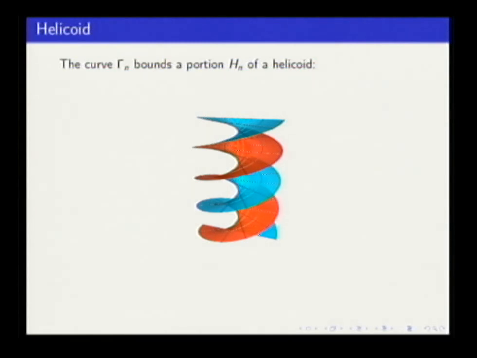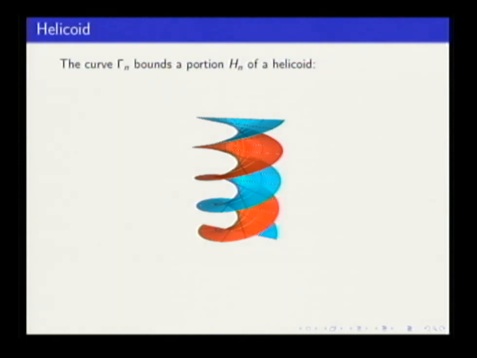Well, notice one disk it bounds is a portion of the helicoid. And in fact, that's how this curve was chosen. I just took a helicoid and shrunk it down, intersected with a solid ball. That's that surface there, and the boundary is this curve. So we know one minimal embedded disk that it bounds, the helicoidal surface.